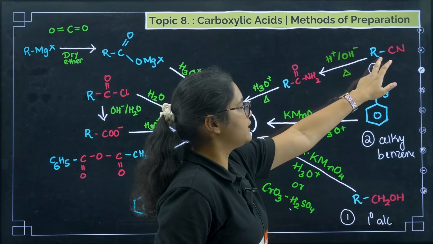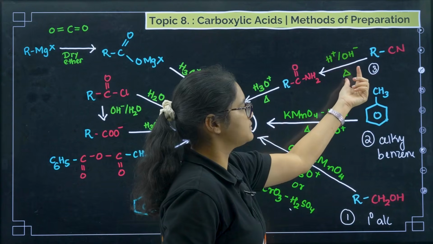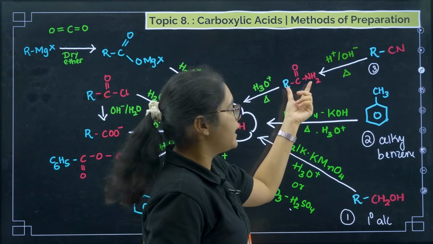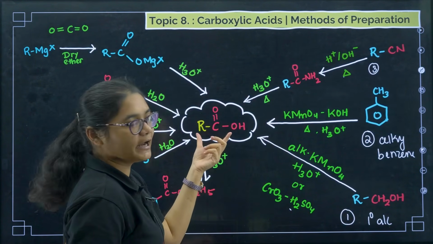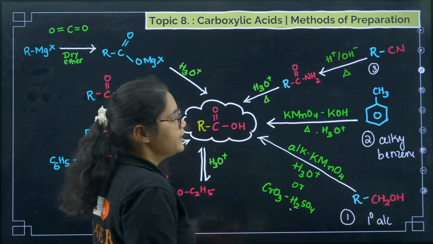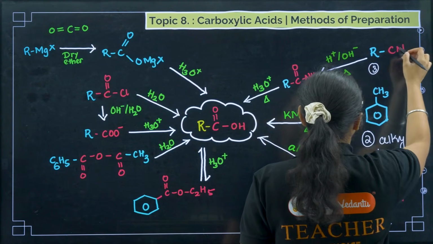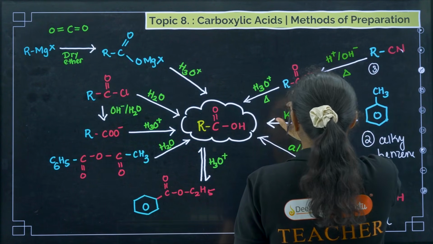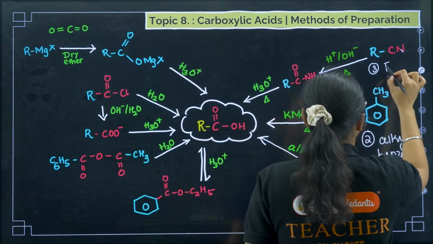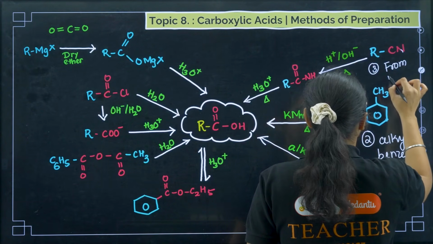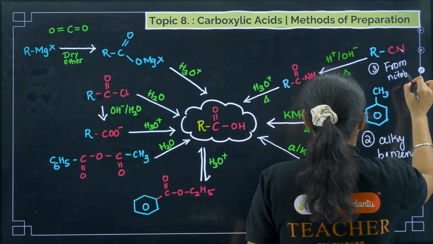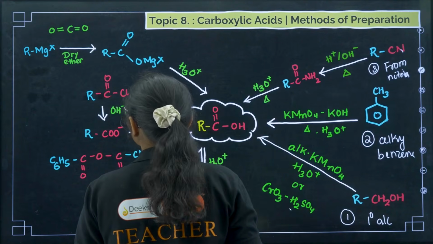When you treat nitriles with H plus or OH minus, you get amides, and if you hydrolyze amides, you will get acids. If you start from nitriles, you have to start from this one. From amides you can use it directly. So this is from nitriles.